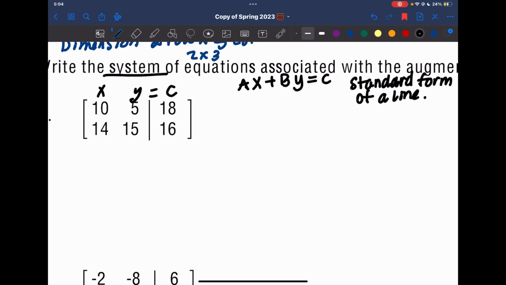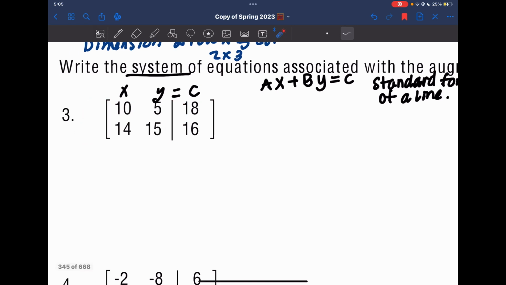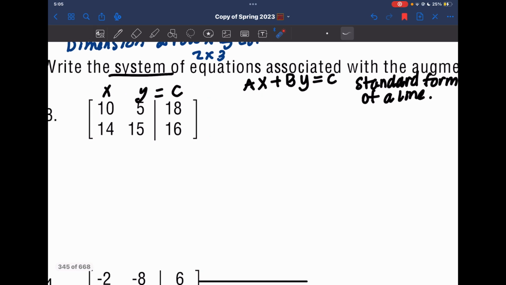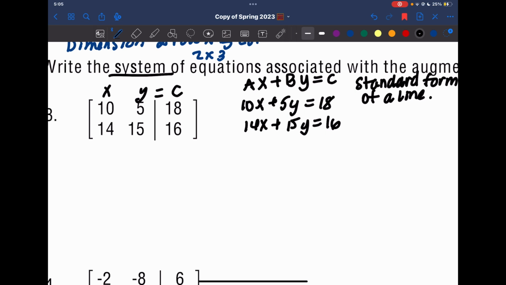I'm not going to use colors this time. We're just going to go across with the coefficients. Please keep in mind that it doesn't have an operation here, but we should assume that they're positive unless it has a negative in front of one of these numbers. So we can assume right now in number 3 all of these are positive coefficients and constants. So it's 10x plus 5y equals 18, 14x plus 15y equals 16. And this is your solution. This is your system.